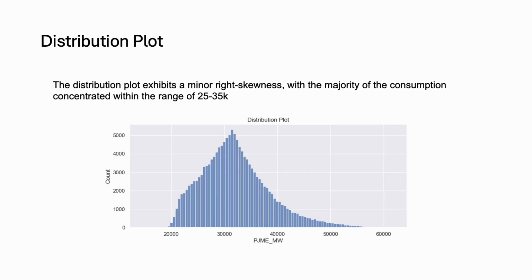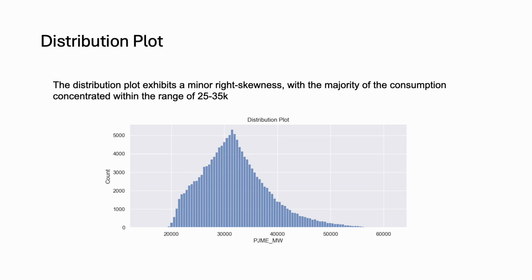Next is to understand the way the data is distributed. From the graph, we can clearly notice that this is a near normal distribution. However, there is a right skewness. With the distribution plot, we should now be able to understand the standard deviations, and with which we will know the majority percentage of consumption in a given year.